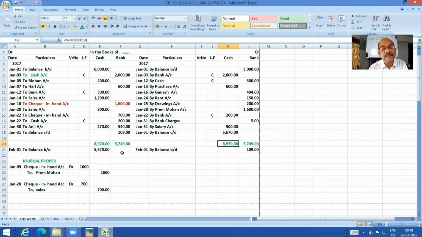I find, yes, my bank column credit side is more. So totally put this side, find the difference, show it against balance carried on. Okay, fine. So your dear author also has agreed to that. Cash balance as well as bank balance. I hope I satisfactorily explained to you.